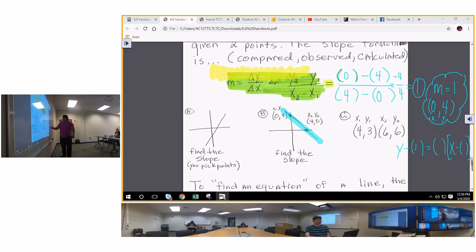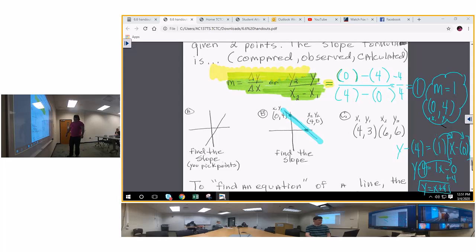Y sub 1 is 4, m is 1, and x sub 1 is 0. And now solve for y. Y minus 4 is equal to 1x minus 0, and bring 4 across the river, and y is equal to x plus 4.